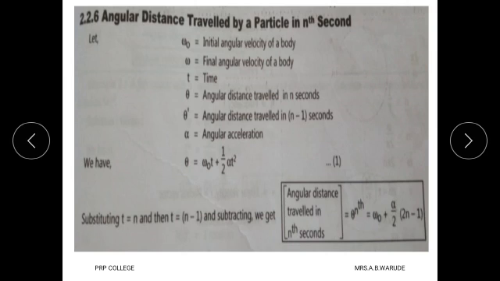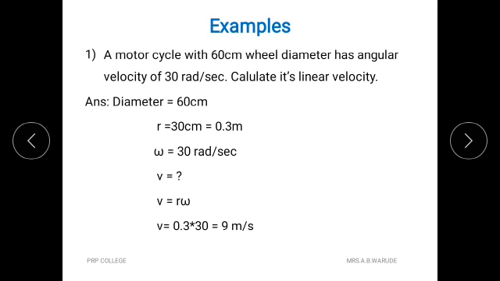As we know, the linear distance traveled by a particle in the nth second is given by s nth equals u plus a upon 2 in bracket 2n minus 1. Similarly here, we substitute t equals n, then t equals n minus 1, and subtracting, we get theta nth equals omega 0 plus alpha upon 2 in bracket 2n minus 1.